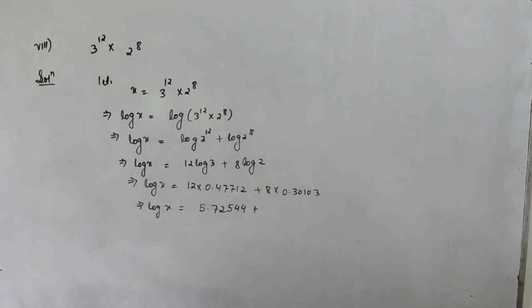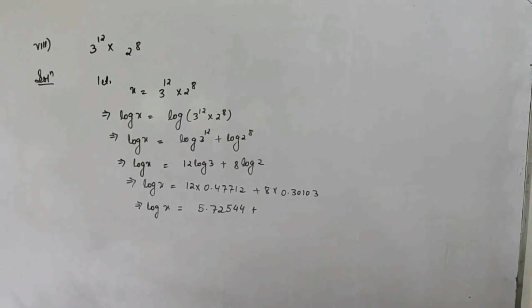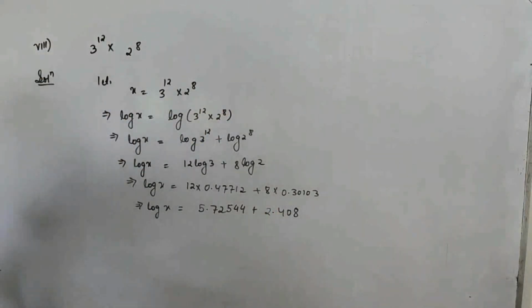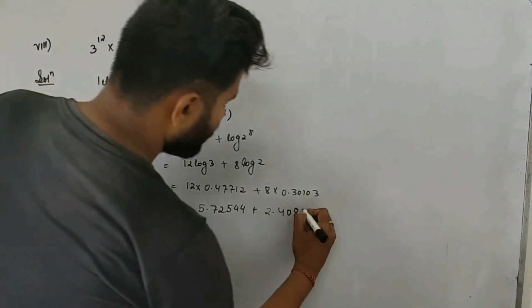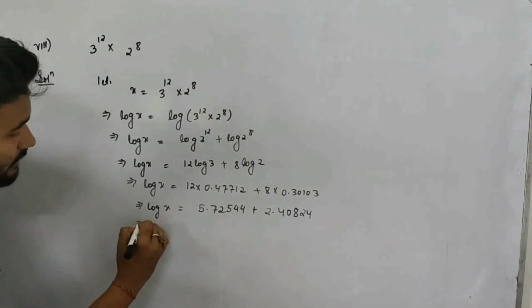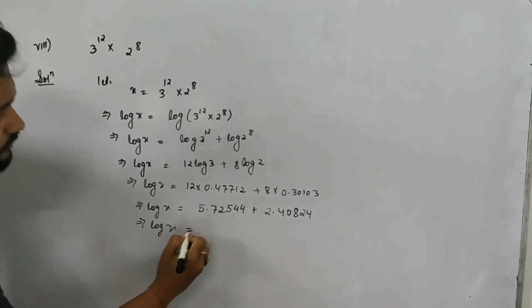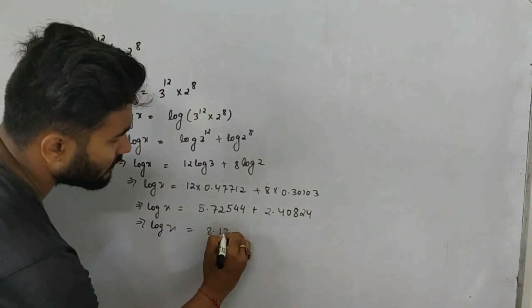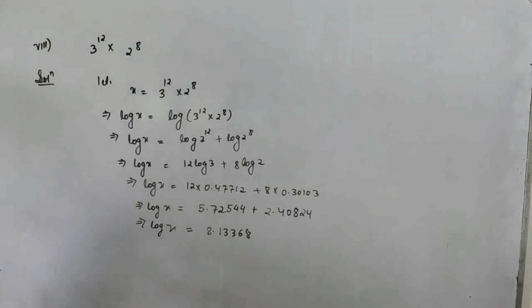Plus 8 into 0.30103, if I do that, 2.40824. So log of x will be equal to, if I add these two, 5.72544 plus 2.40824, I will get 8.13368. Okay, how much have I got? 8.13368.